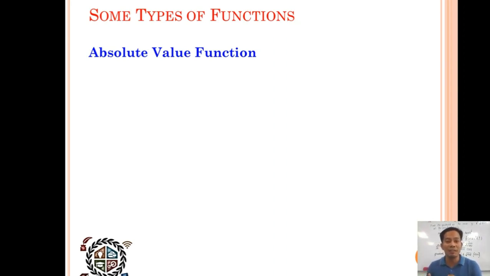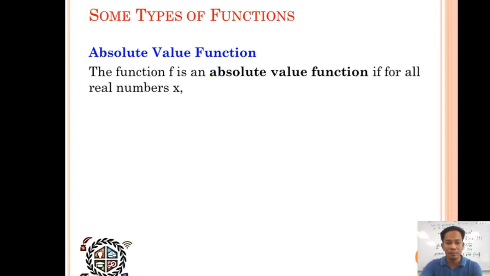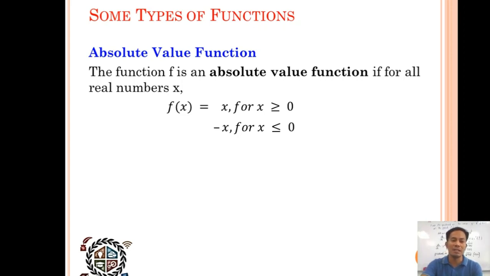Ayun po ang effect ng absolute value. So the absolute value is for all real numbers x. Okay? Even if a function is equal to x for x greater than 0 and negative x for x less than 0.